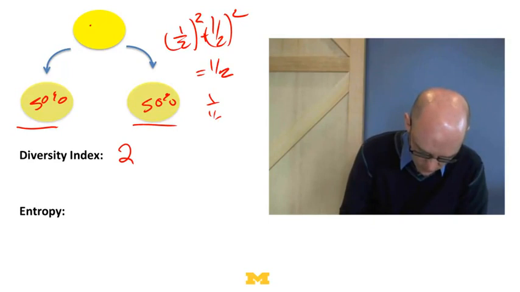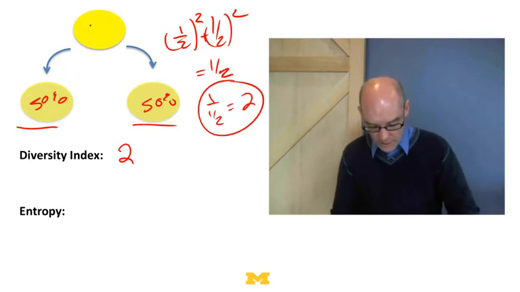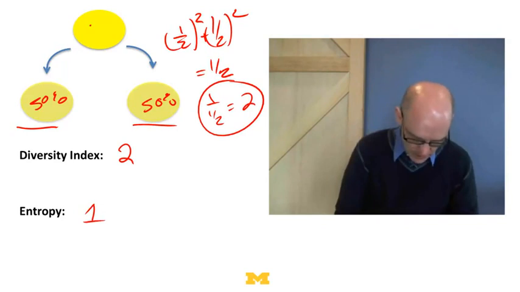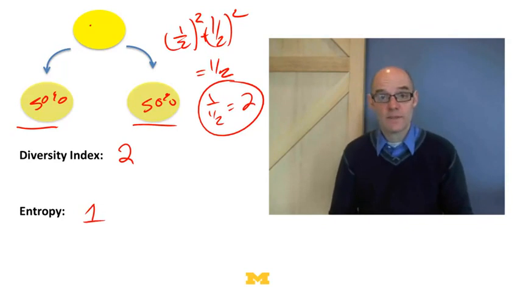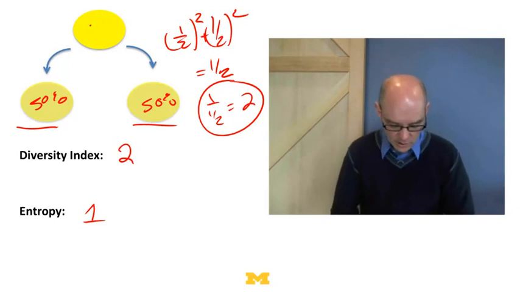And then we take 1 over 1/2, and that gives us the diversity index of 2. Now, if you compute the entropy of this, we won't do it, you're going to get the answer 1. And why? Because all you need is one piece of information. It would say, is it to the left or is it to the right? And that'd tell you where the ball is. So diversity index is 2, entropy is 1.